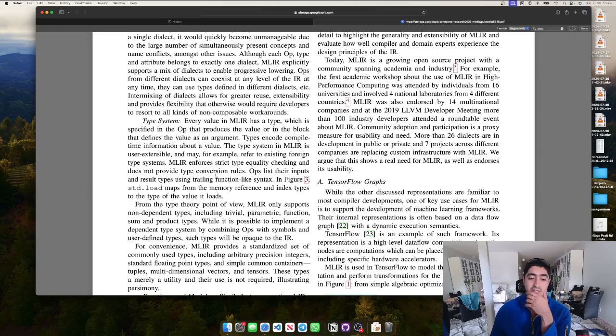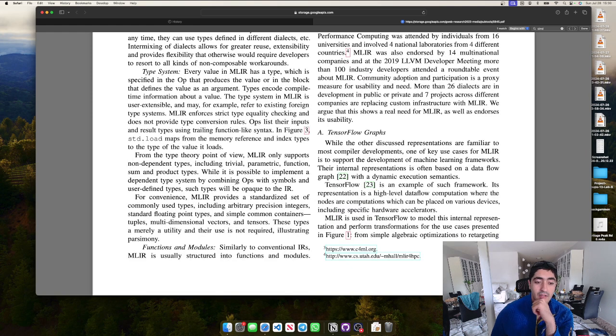MLIR enforces strict type equality checking and does not provide type conversion rules. Operations list their inputs and result types using trailing function-like syntax. In Figure 3, std.load maps from the memory reference and index types to the type of the value it loads.